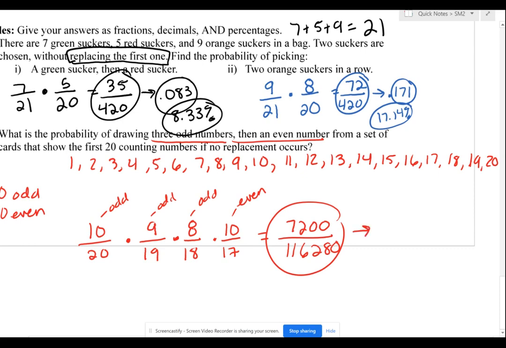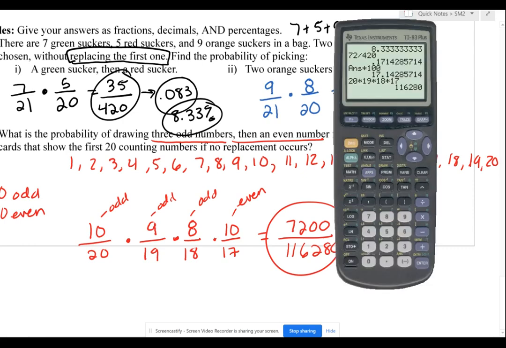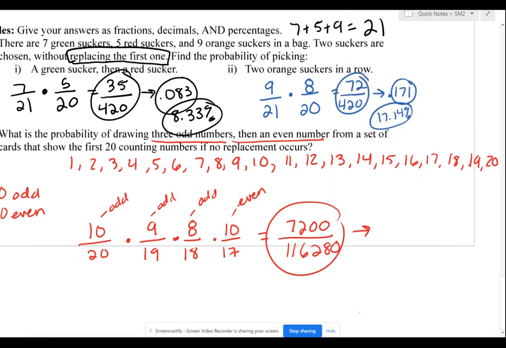Now we're going to find our decimal. I'm going to go 7200 divided by 116,280. And I get 0.0619, which I'm going to round to 0.062.